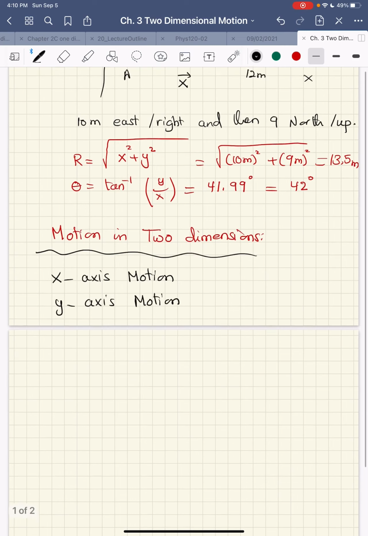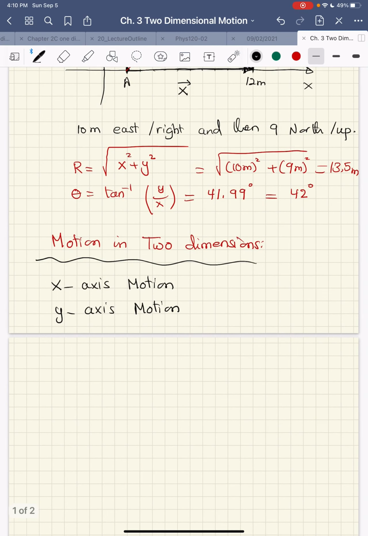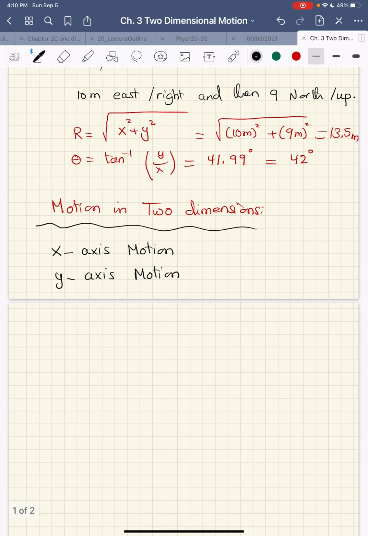One of the good examples of this is what is called projectile motion.